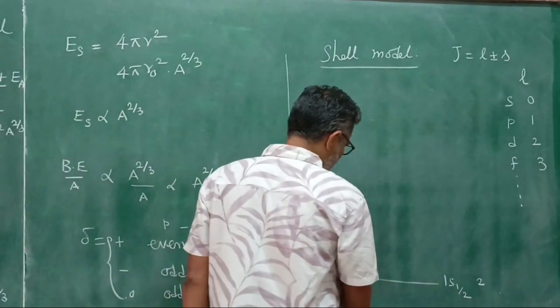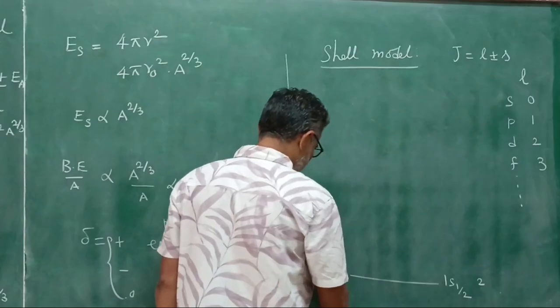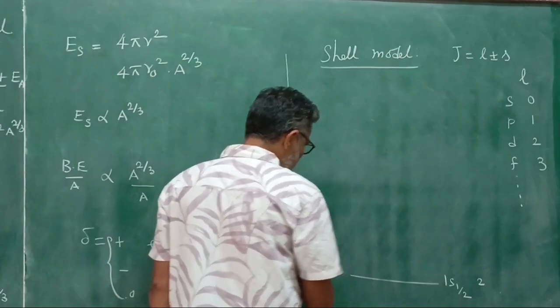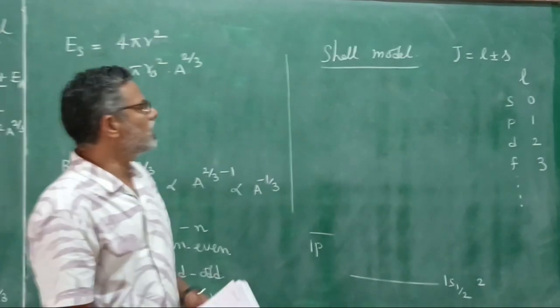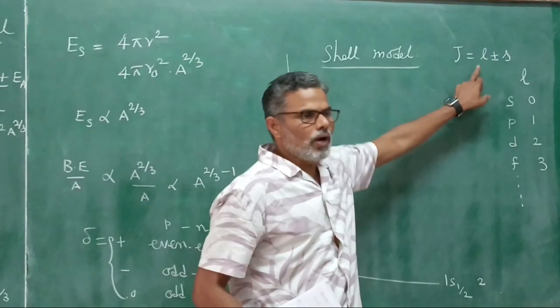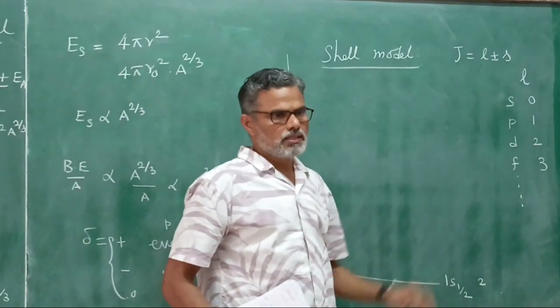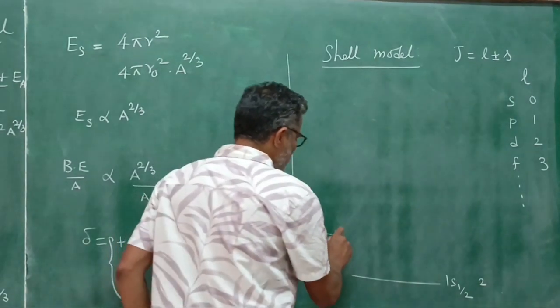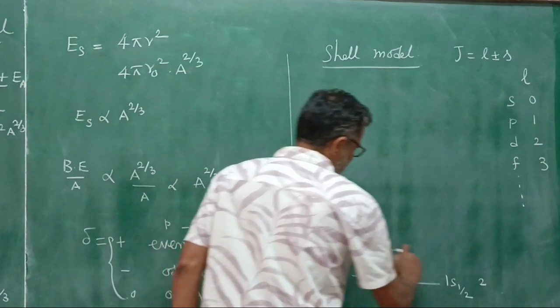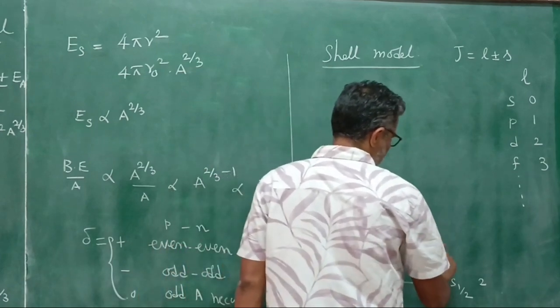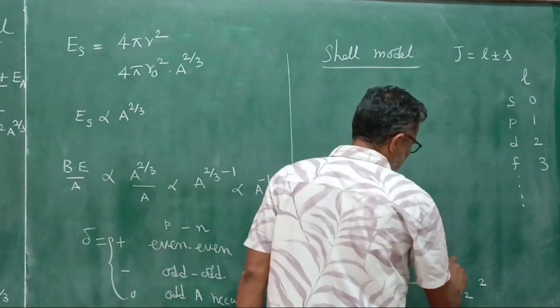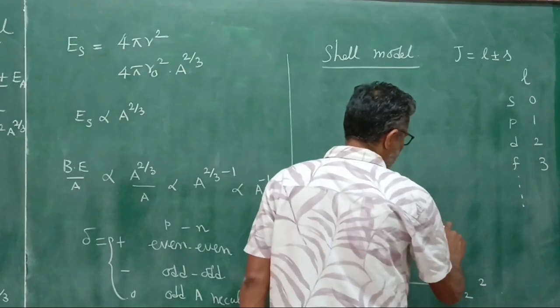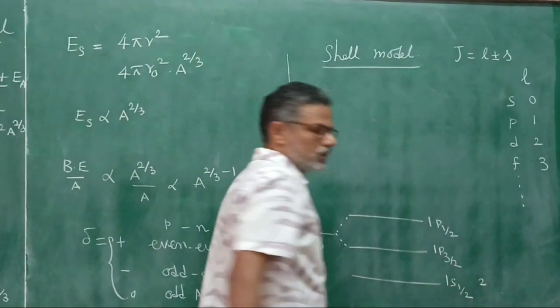And then you have the 1p energy level. The moment you have a p, the L value is 1, so 1 plus half or 1 minus half. It will be split into two energy levels: 1p 3/2 and then 1p 1/2.